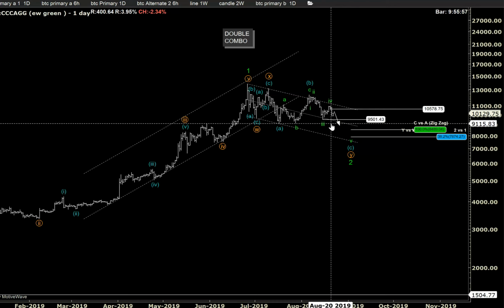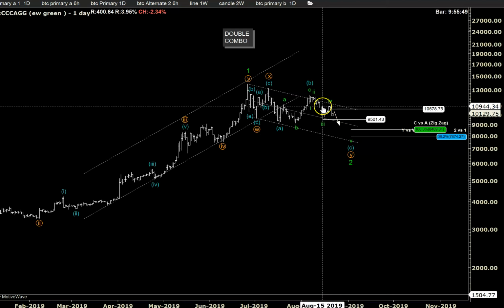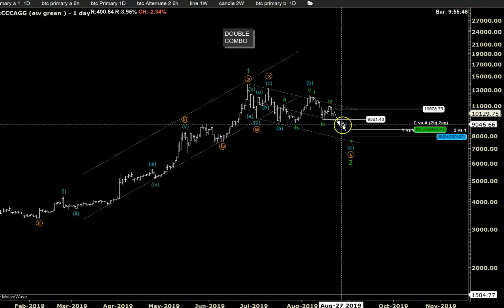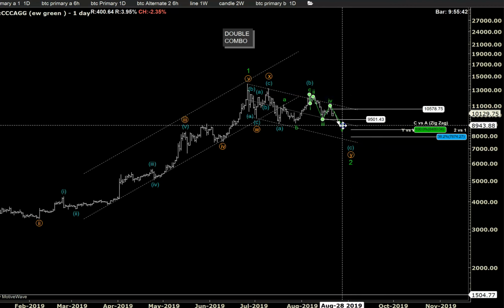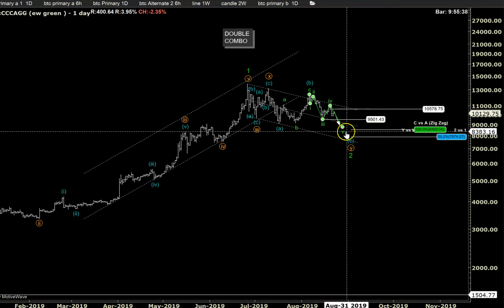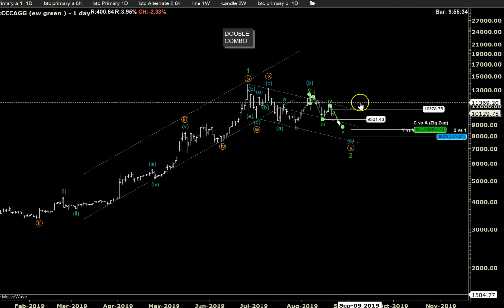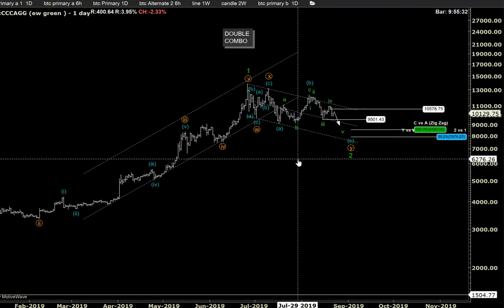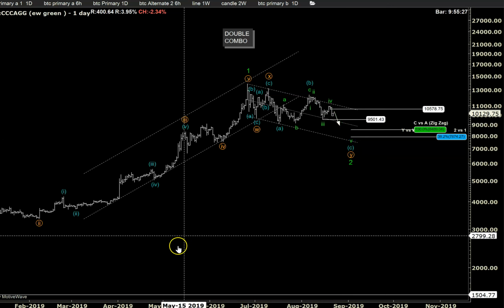So if it can make a new low below, let's say, 9,080, we can consider that wave done, and this 5 can move much higher, like above 8,700 or something, and then we can start looking at the next move. So anyway, let's look here and see how this looks on a smaller time frame.